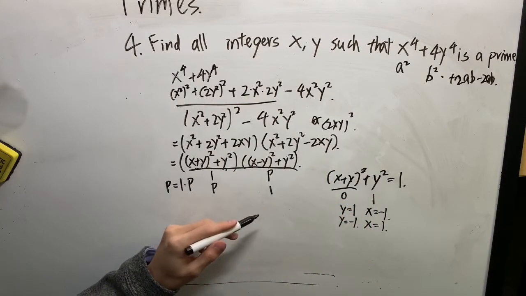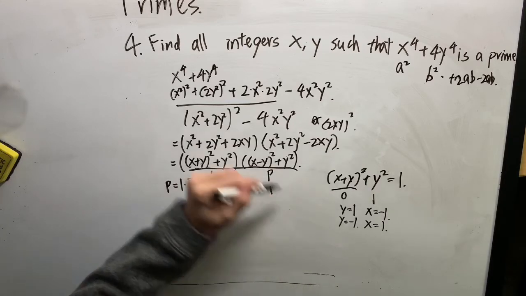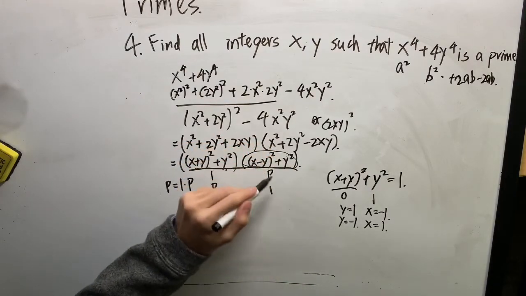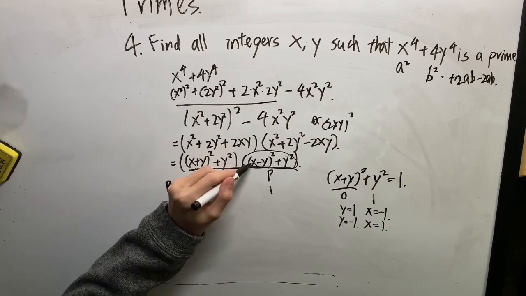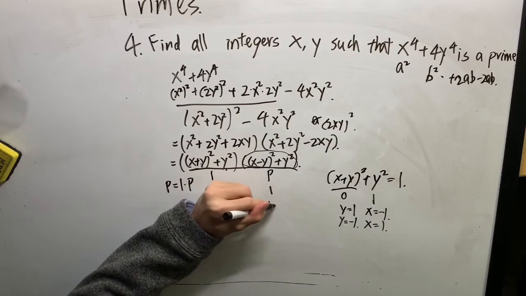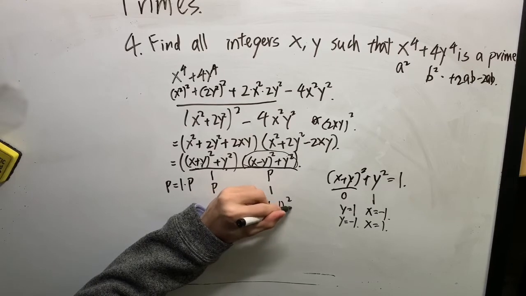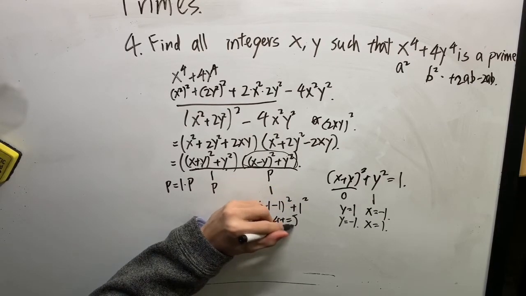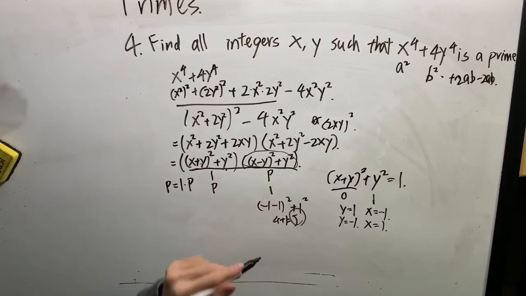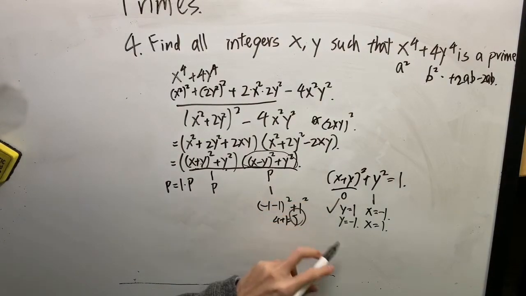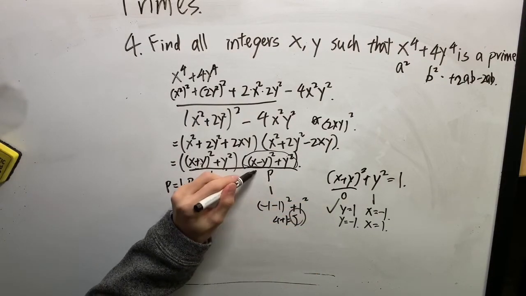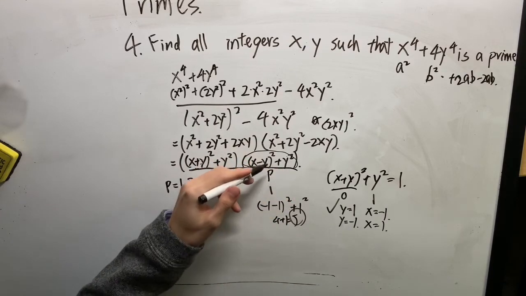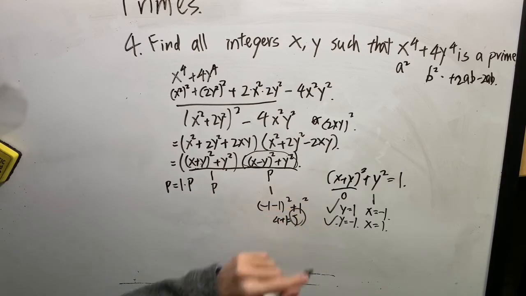Let's make sure that when we plug these in, it will be a prime number. So (-1 minus 1) squared plus 1 squared, that's 4 plus 1 equals 5. 5 is a prime number, so this is correct. And for 1 and -1, we get the same value of 5, so this is also correct.